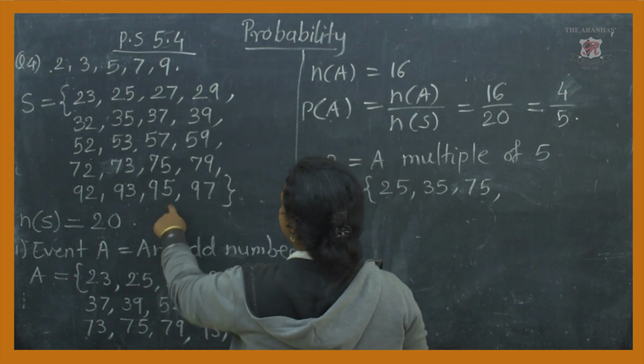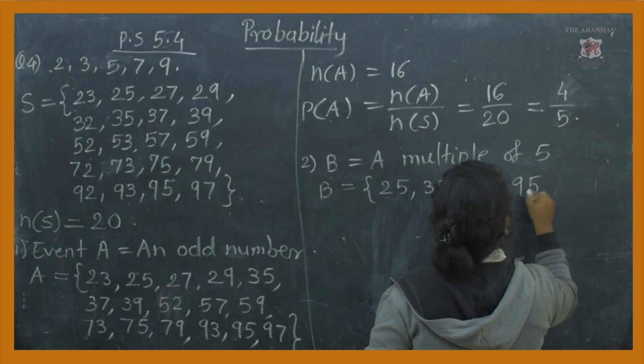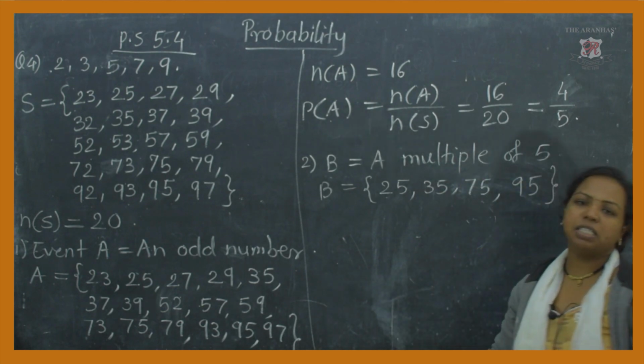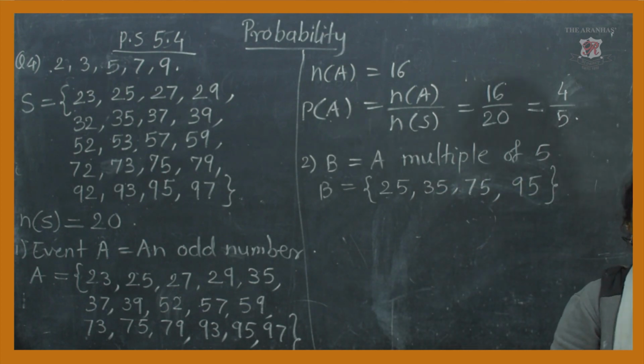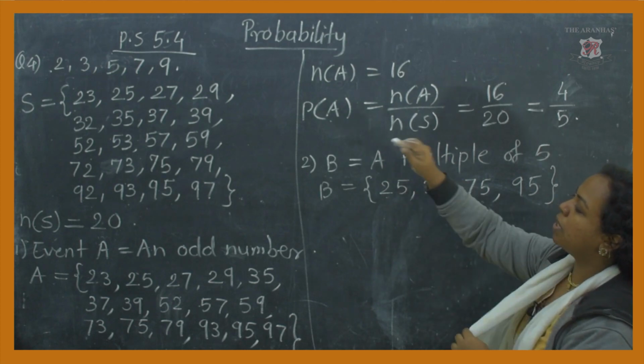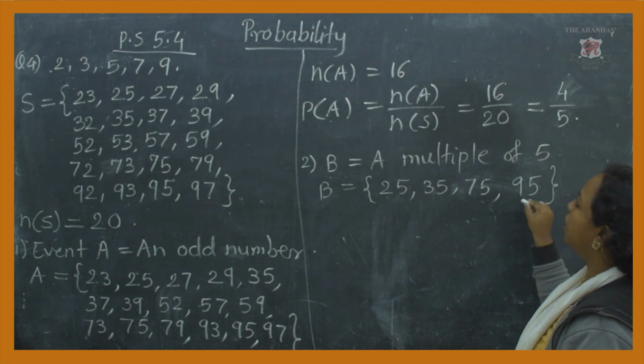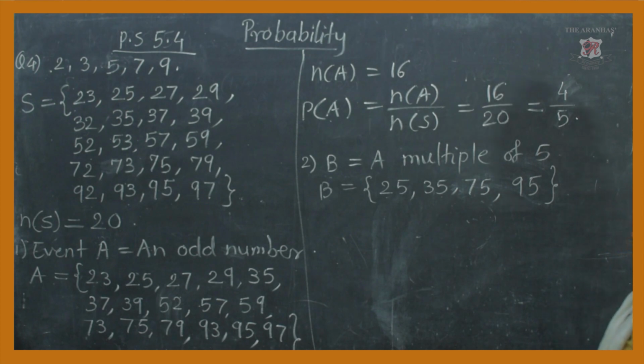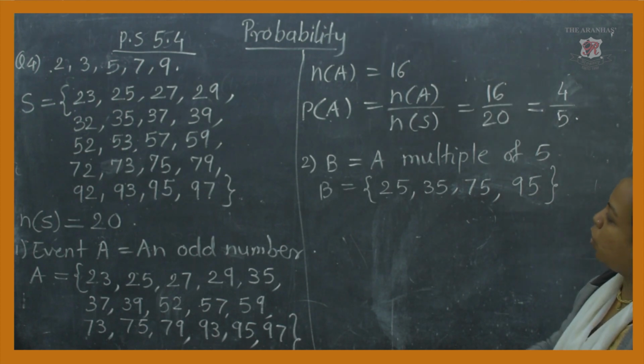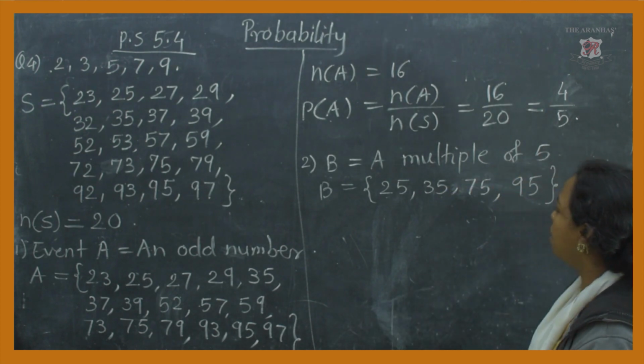You can use the test of 5. What is the test of 5? Numbers in which the unit place is 0 or 5 are divisible by 5, or multiples of 5. So, these are the numbers in the given set which are multiples of 5. Is there any other number which is a multiple of 5? No. So, only these are the numbers.